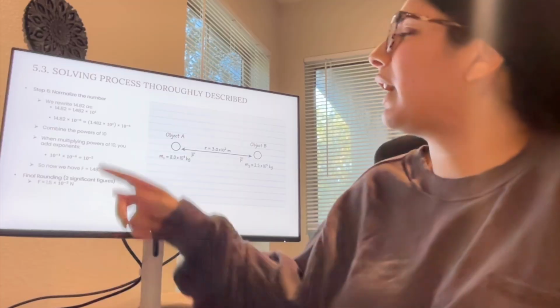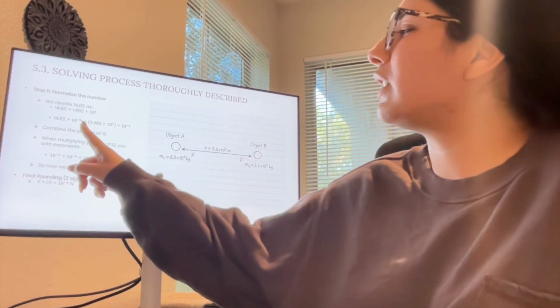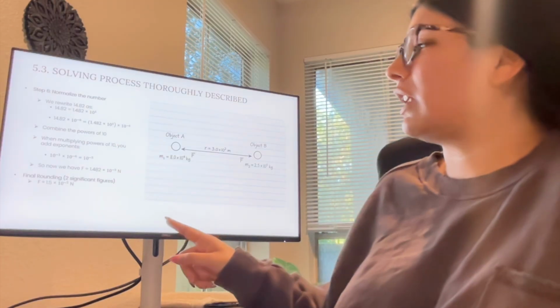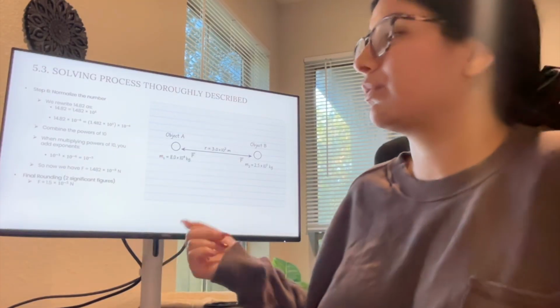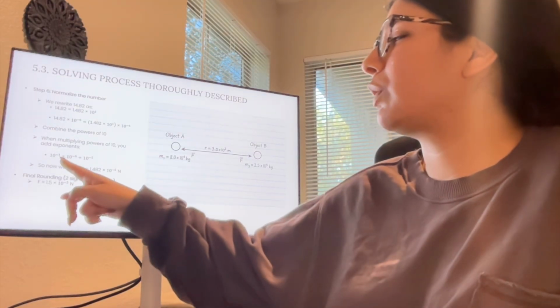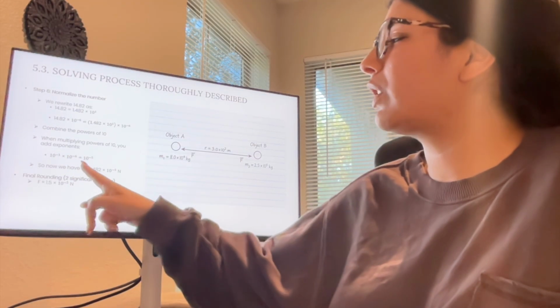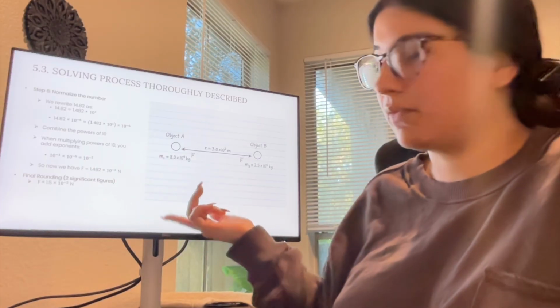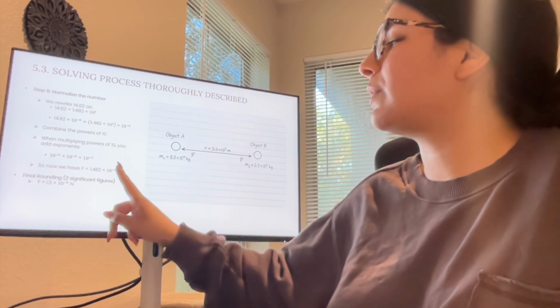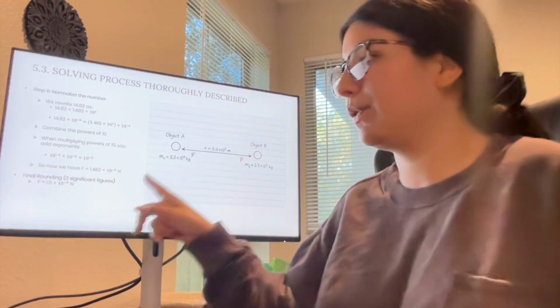So we're going to combine these powers of 10 here. And when you multiply powers of 10, you add the exponents, as we've done multiple times in this equation. So 10 to the 1st power times 10 to the negative 6 power is negative 5. So now we have F equals 1.482 times 10 to the negative 5th power newtons.